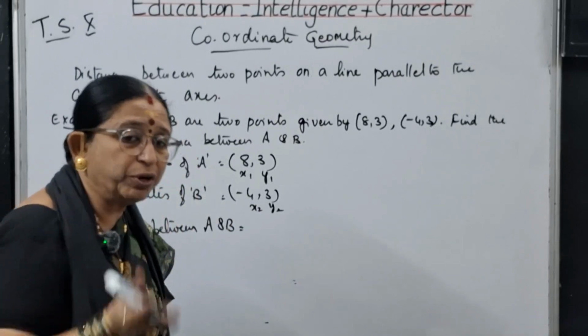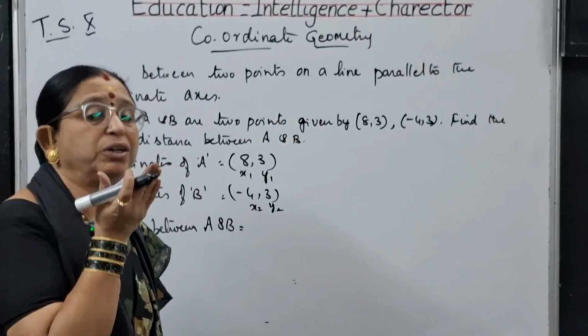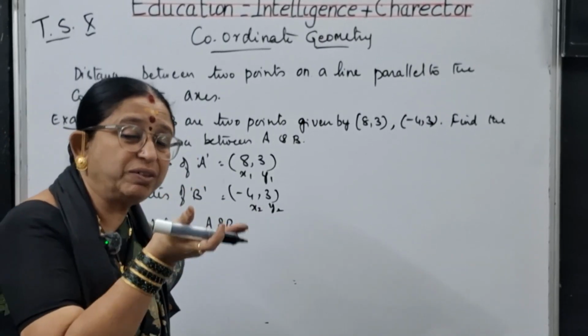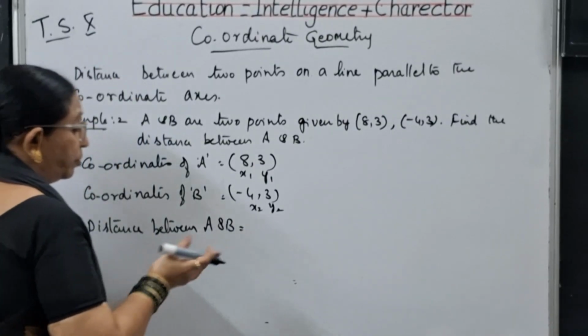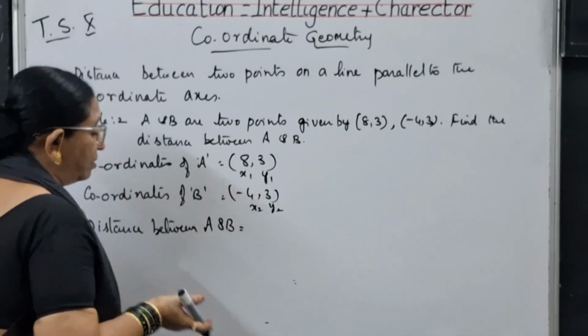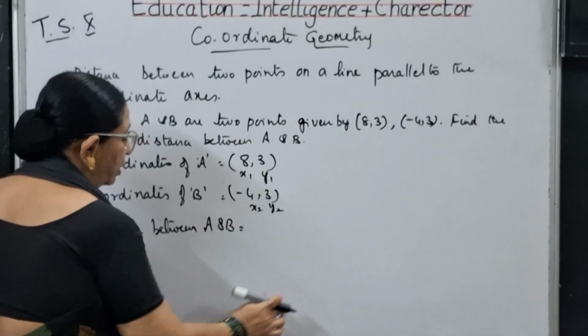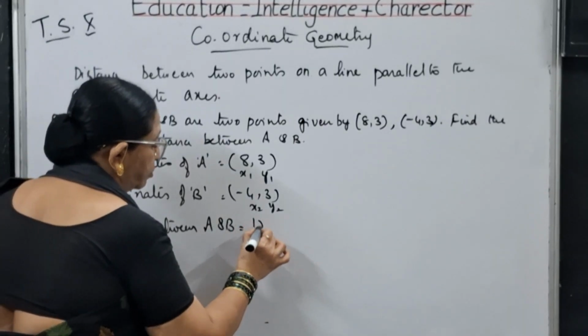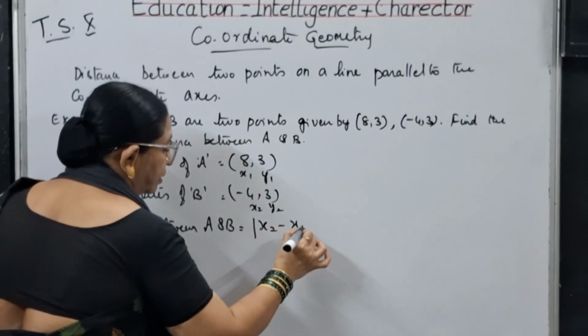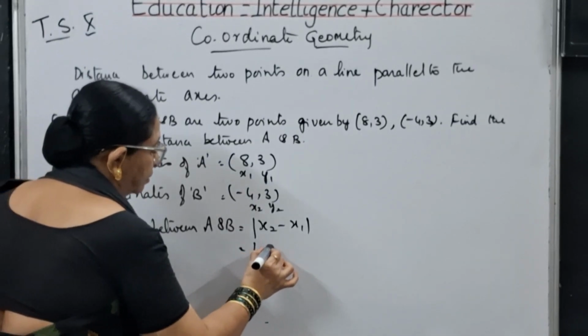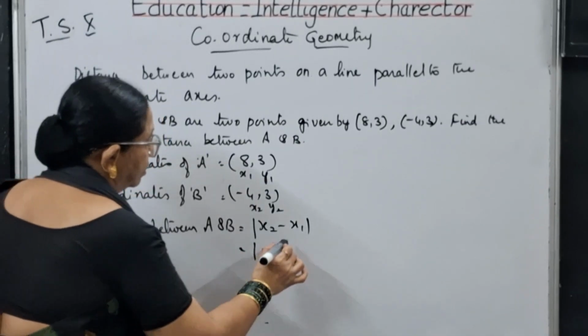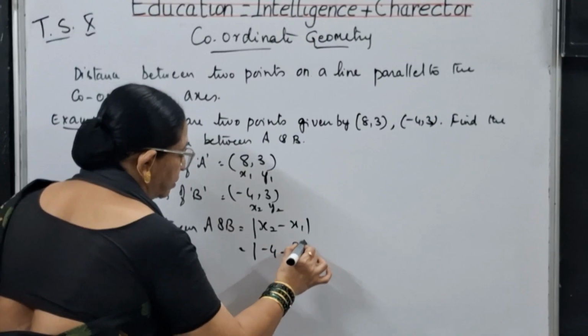Since the y coordinates are the same, we understand that if you join the points A and B, we are going to get a line segment which is parallel to the x-axis. When they are parallel to the x-axis, what formula are we using? It is nothing but modulus x2 minus x1. So modulus of x2, which is minus 4, minus x1, which is 8.